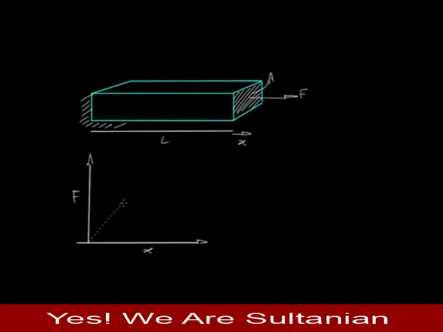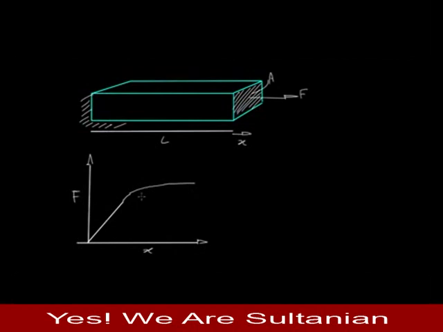So that's going to happen up until a certain stress and strain is reached, up until a certain force is applied to this bar, and it's going to reach what's known as the limit of proportionality. So that's where this relationship stops being so nice and straight, and then it starts to deform a little bit, and then fully deform.